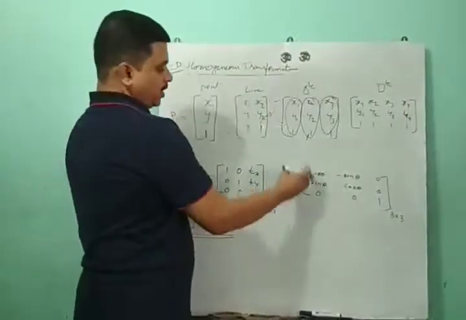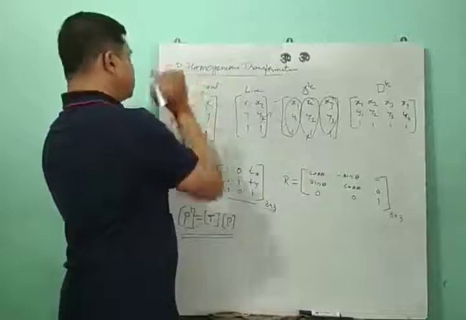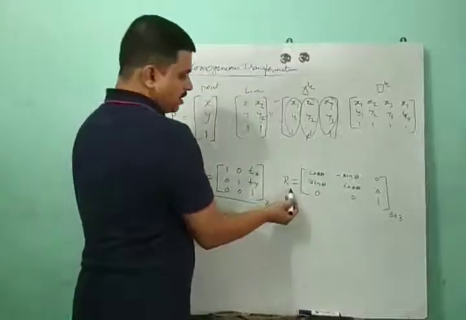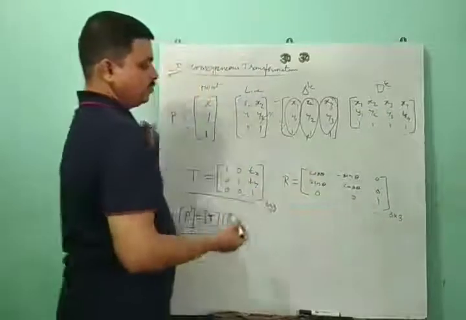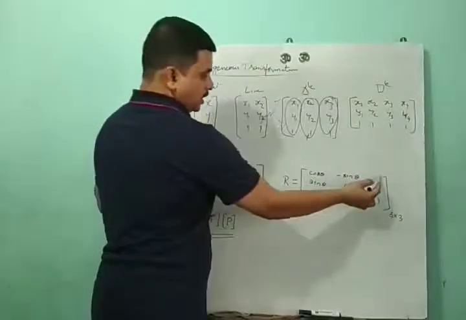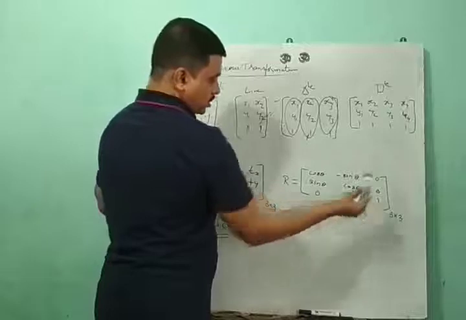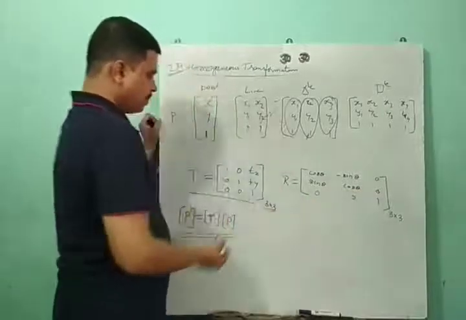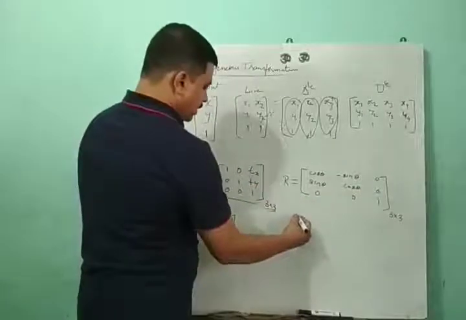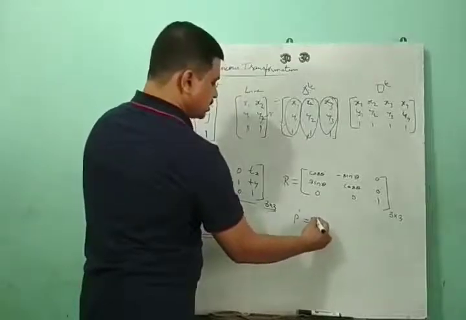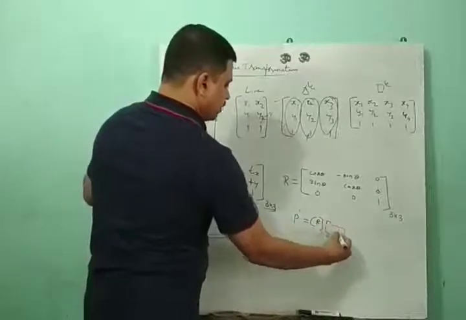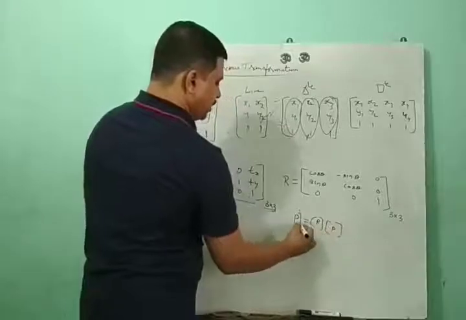So here we are limiting to only 2D. So this is the rotation matrix in homogeneous transformations, that is cos theta, minus sin theta, 0, sin theta, cos theta, 0, 0, 0, 1. And again in the general form, you can write it as P dash is equal to rotation matrix R multiplied by the initial point P.